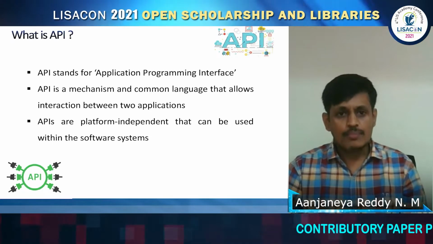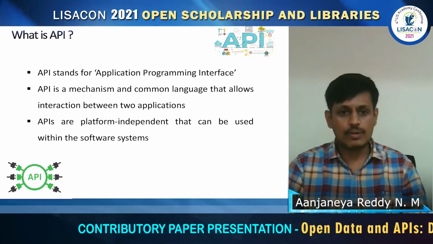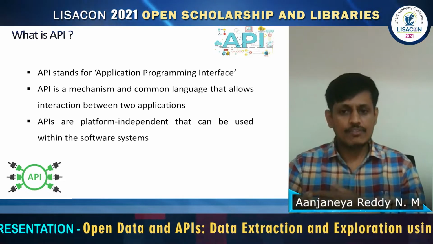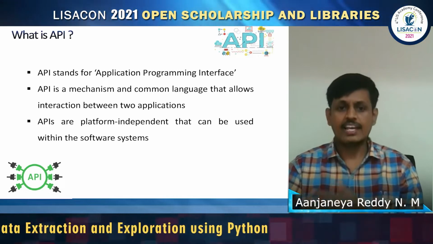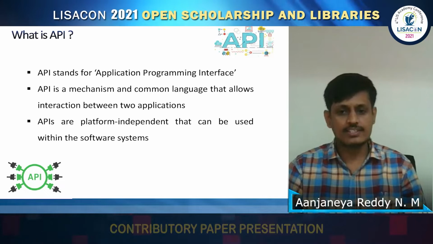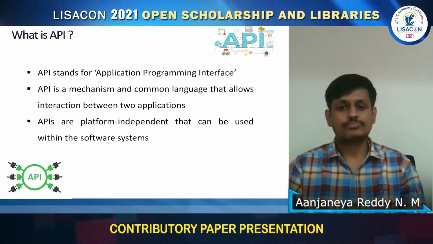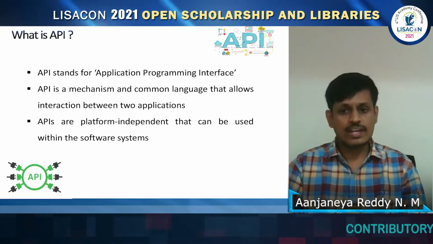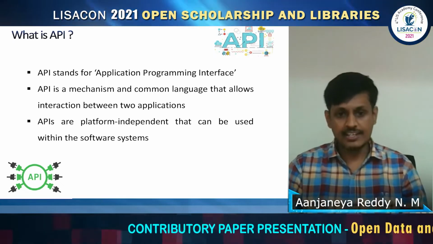So, when it comes to APIs, how are these APIs helpful in extracting the data which is available in the public domain? API stands for application programming interface, which allows us to exchange data over HTTP and HTTPS. An API is a mechanism and a common language that allows interaction between two applications, with a certain set of instructions and standards that define how it can be built and used, and what a programmer can expect while using such APIs.